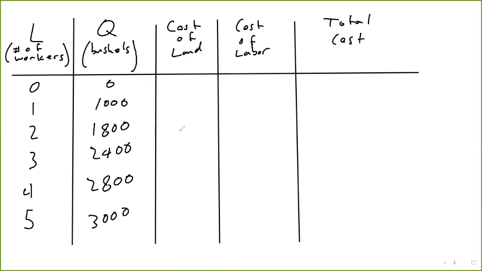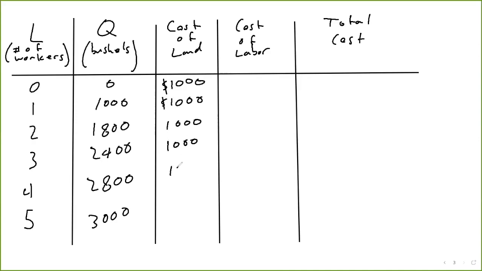So now I want to talk about how the addition of labor influences the total cost. So we have our same example. We've got our number of workers, the corresponding bushels of wheat produced, and now we've added this extra column, cost of land, because total cost is not just the cost of labor, it's also the cost of any equipment or capital you're using. So let's say the cost of land is $1,000. And that doesn't change based on how many workers you add.